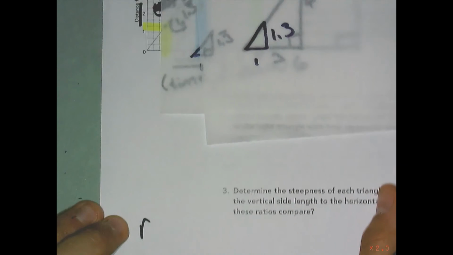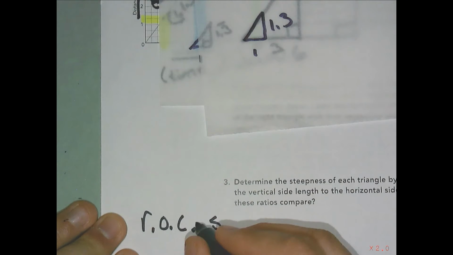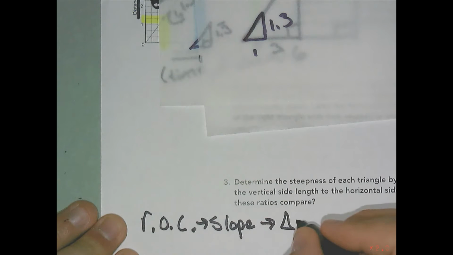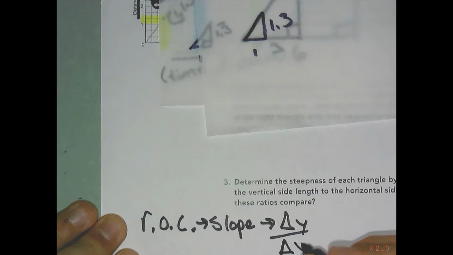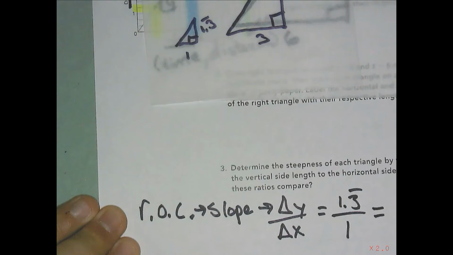Well, remember we said that our rate of change, which is our slope, which is the change in y over the change in x, is going to be, in our first triangle, 1.3 repeating over 1. And then in our next triangle, we know they're the same because we looked at them. We've got 4 over 3, right?